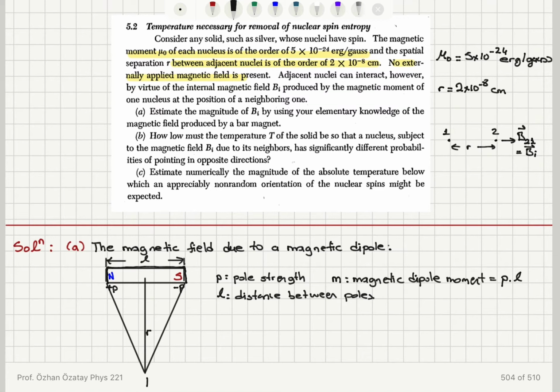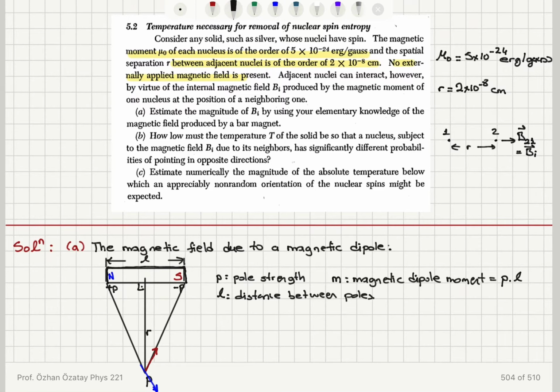So this is my point P. Well, the magnetic field created by the North Pole will be in this direction, and the magnetic field created by the south pole will be in this direction. So the south pole magnetic field points towards the south pole, the north pole magnetic field points away from the north pole.